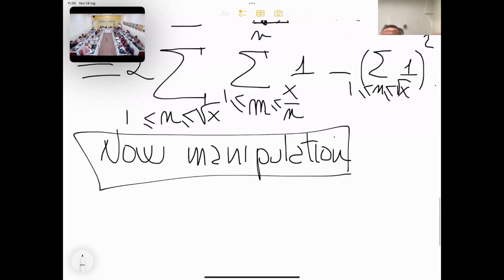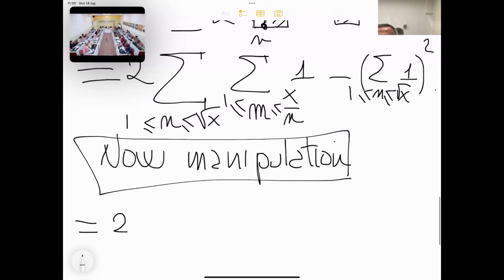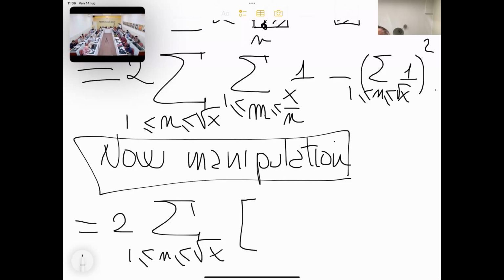Well, simply this is equal to twice the sum for n between 1 and the square root of x. And so how many integers are there between 1 and x over n? Well, this is just the integer part of x over n. And then here I have to subtract. How many integers are there between 1 and the square root of x? Well, this is just the square root of x, squared.